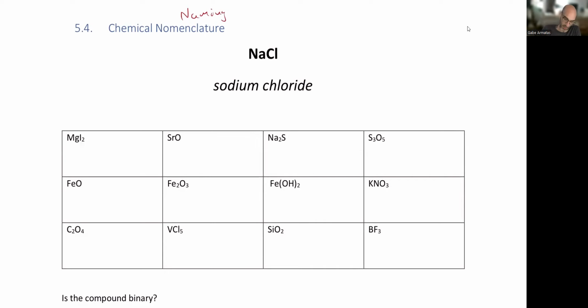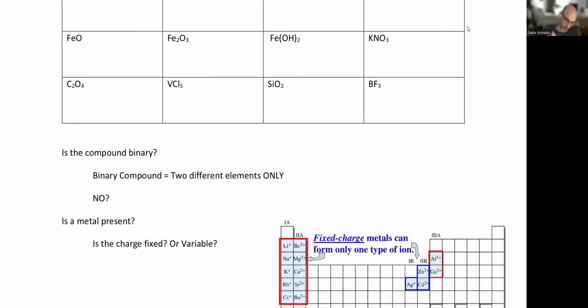There are two types of compounds: a binary compound, which is two different types of elements only. So just two elements, and that's it. Usually a metal and a nonmetal, or two nonmetals, but two elements altogether. Naming is super simple, and you're going to follow those rules.